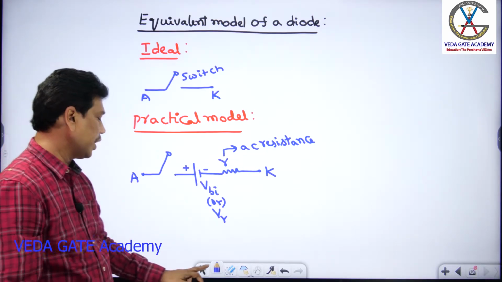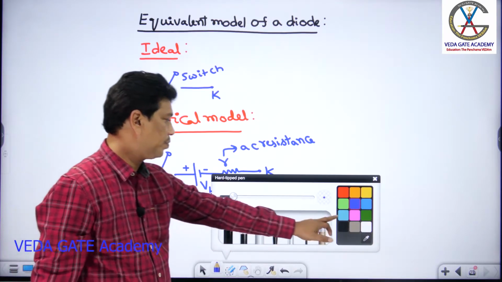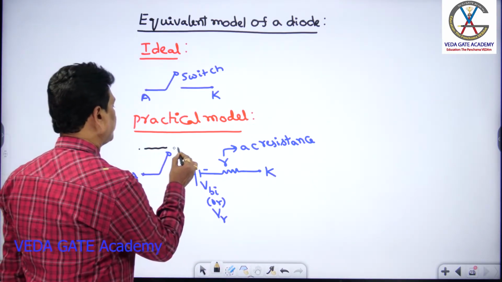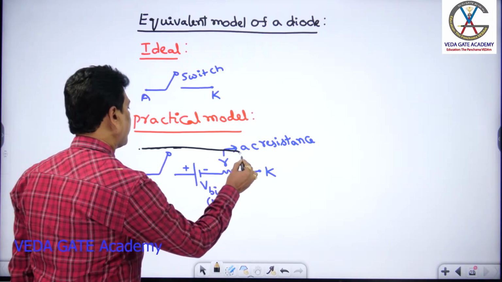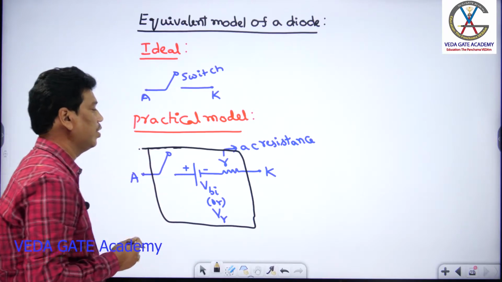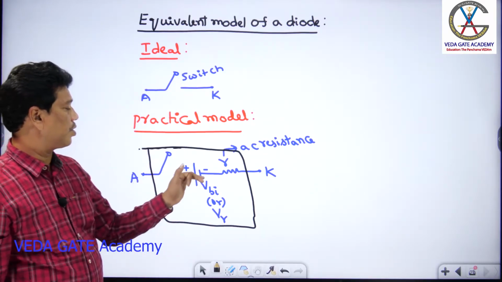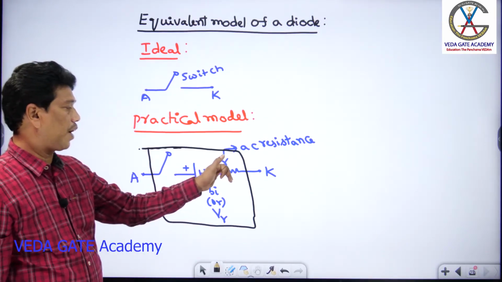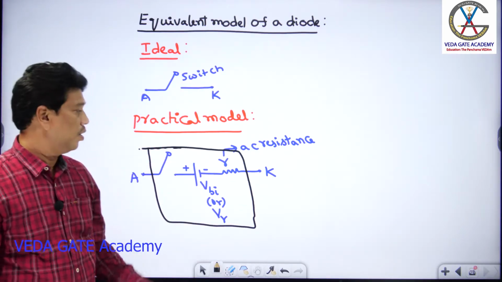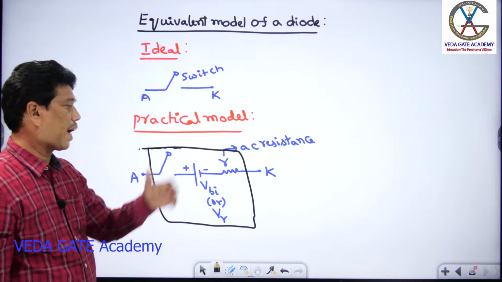So all this is the internal model of a PN diode. This is completely the internal model of a diode, right? Here in the ideal condition, this barrier potential is 0, and the dynamic resistance is unlimited, which will not be permitted there. So this is the equivalent model of a practical diode.